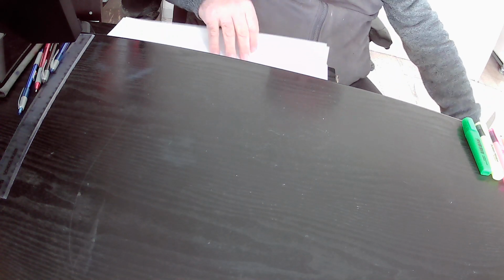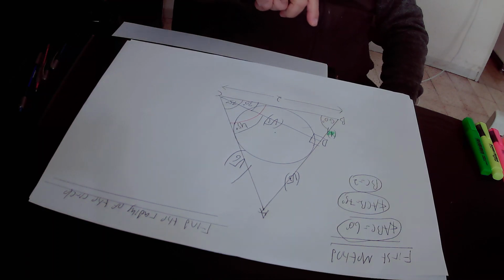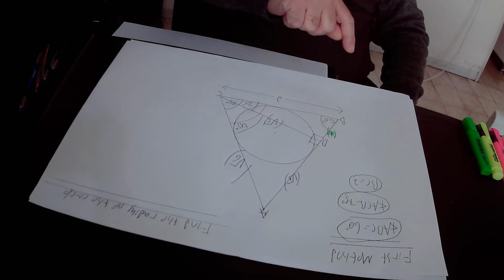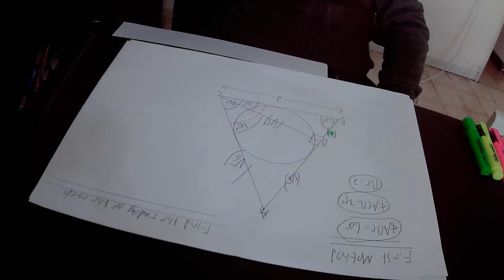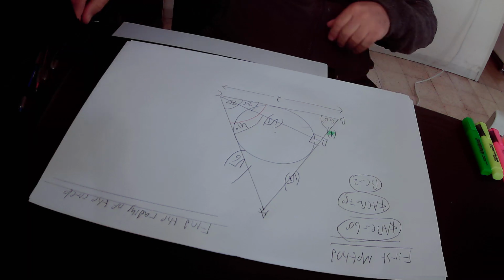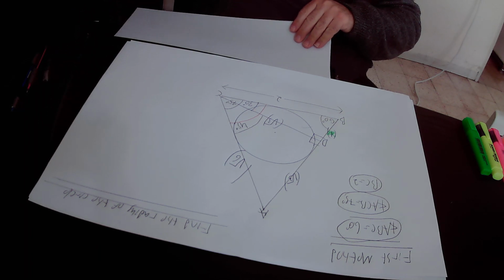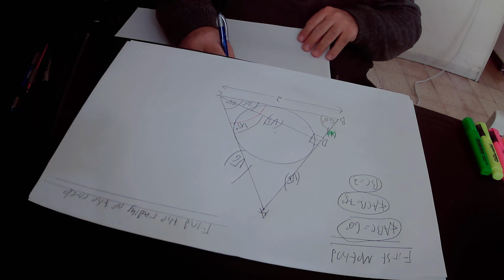Why? Because whenever you have a circle that is inscribed in a triangle, you can implement rule number 15. We have here a circle inscribed in triangle ABC.